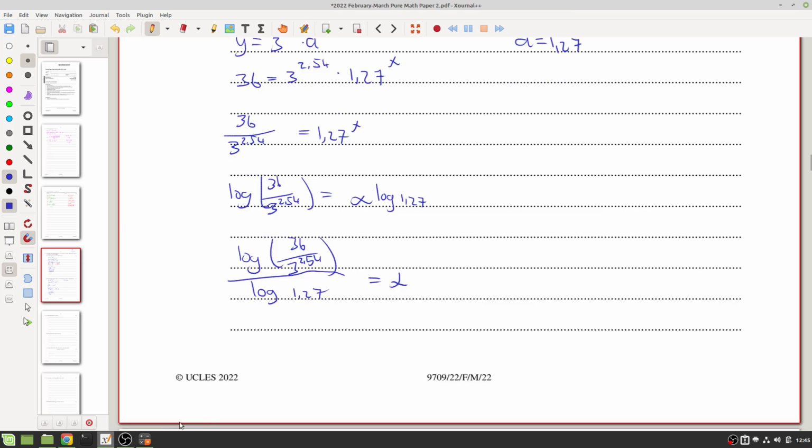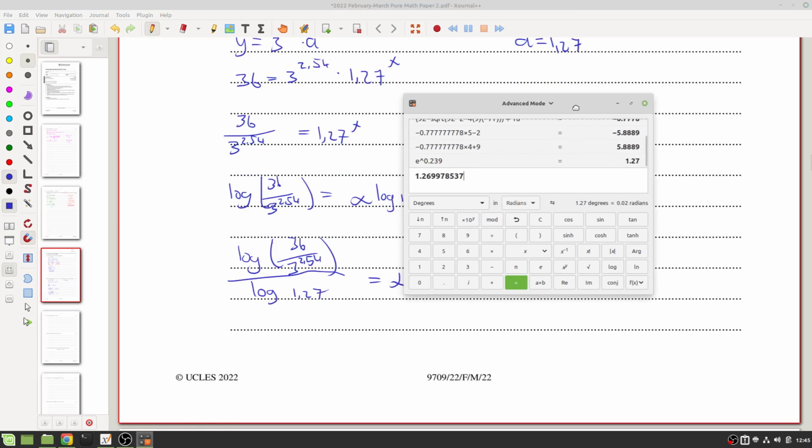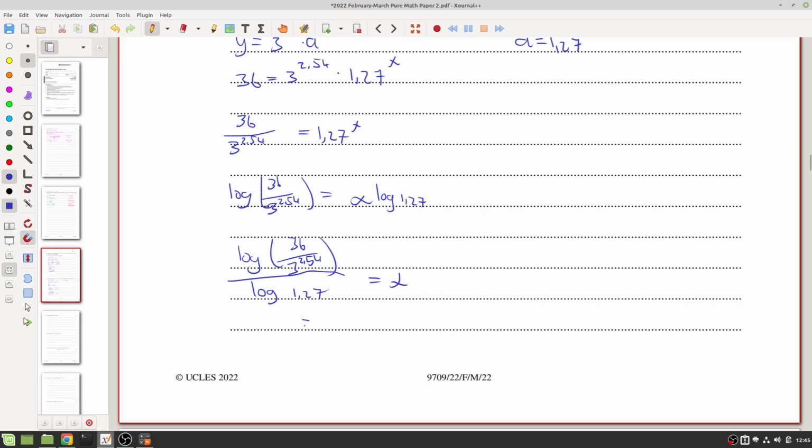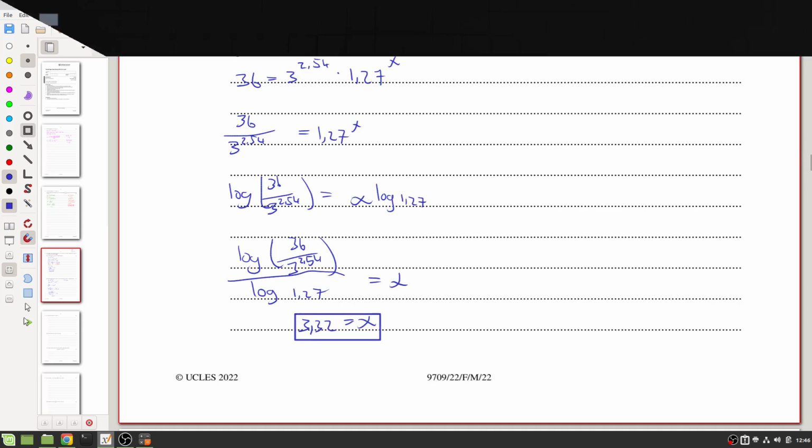Again, let's just type that in the calculator: the log of 36 over 3 to the power 2.54, all of that divided by log of 1.27. That's 3.32, correct to 3 significant figures. So 3.32 equals x. Okay, and there we go.